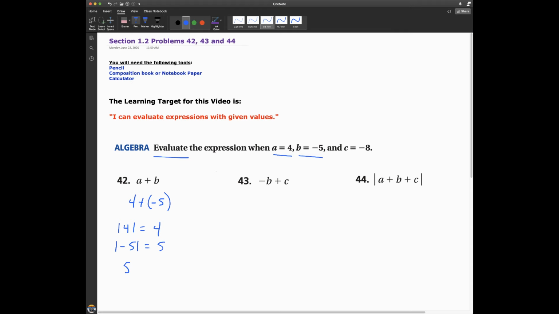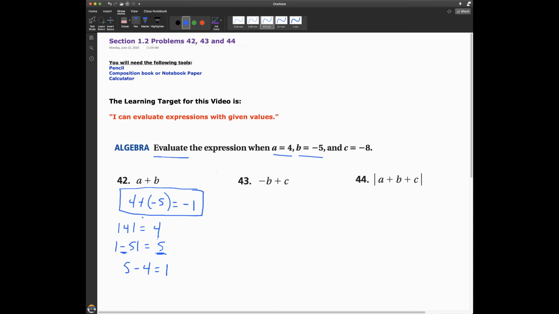I do some subtraction. 5 minus 4 equals 1. But I want to keep the sign of the bigger number. So here's the bigger number. 5 is bigger than 4. So keep the sign, negative. So 4 plus -5 equals -1. So this is evaluating the expression when A is 4 and B is -5.